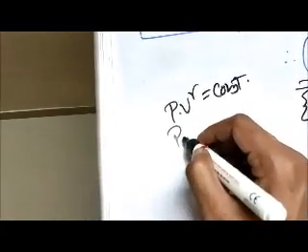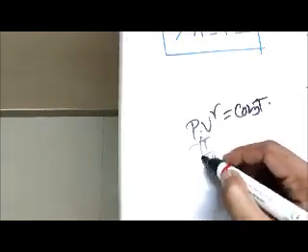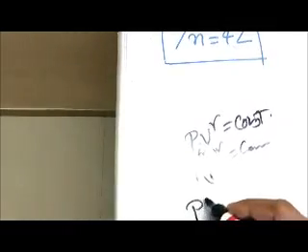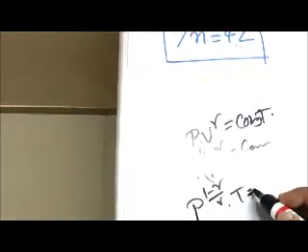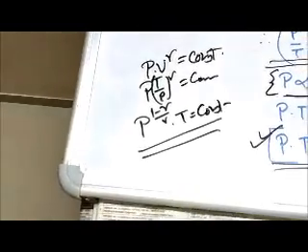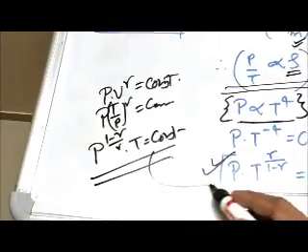If we replace V with T by P, then P to power (1 minus gamma) upon gamma into T equal to constant. This will be the equation in terms of P and T.